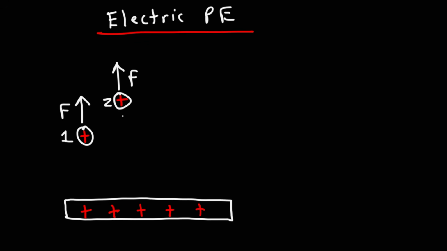If we were to move charge 2 opposite to the direction of the electric force, if we were to bring it closer to the charged plate, the electric potential energy will increase because we're moving it in the direction opposite to the electric force. Now, if we were to move the charge in the direction of the electric force, the electric potential energy will decrease, much in the same case as the gravitational potential energy in the last example.